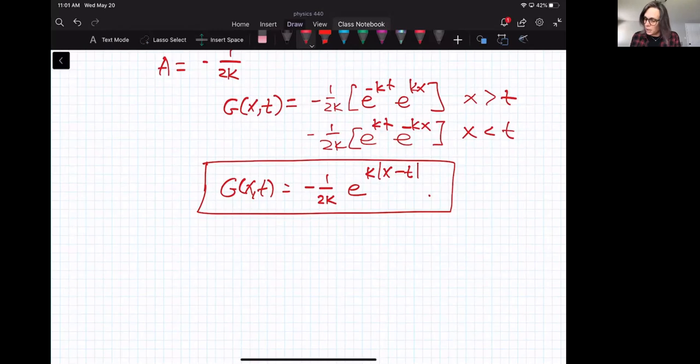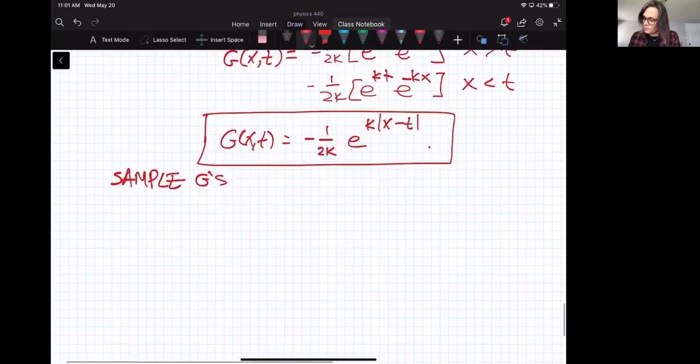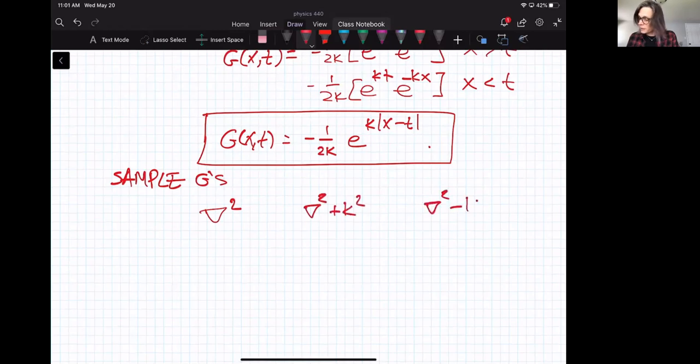And in fact, the last thing that I'll leave you with are sample Green's functions. Namely, you can have them for the different differential operators, say del squared plus k squared, and del squared minus k squared, which is what you just did.